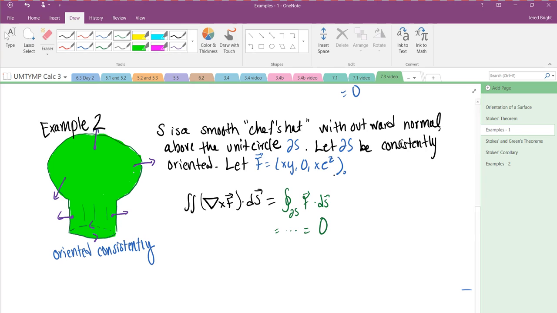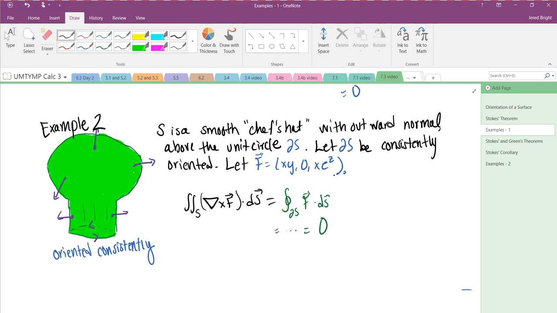So we can, again, use Stokes' theorem either way. We can look at, and I forgot to add over the surface, a vector surface integral over the surface, or we can look at the line integral over the boundary.